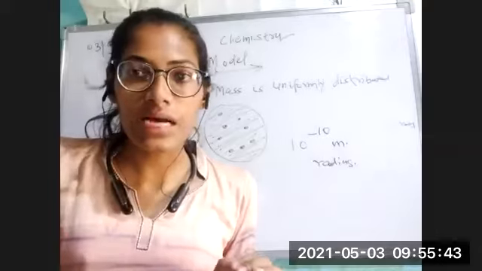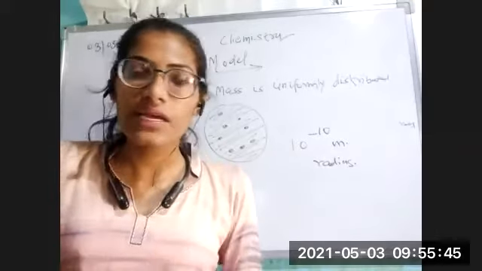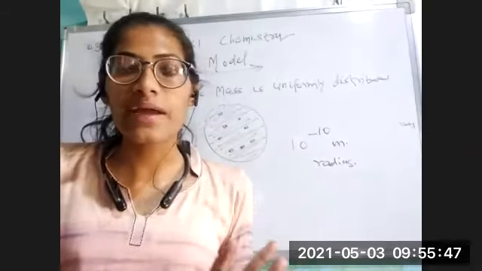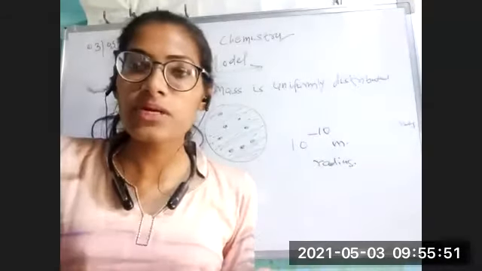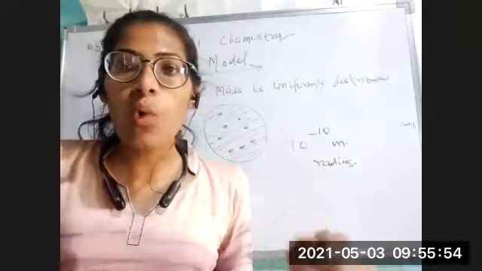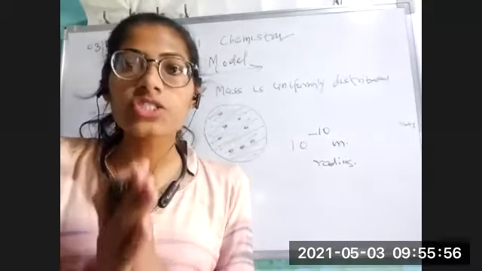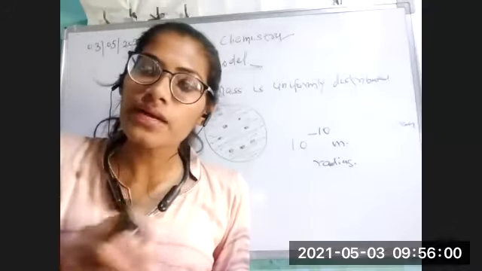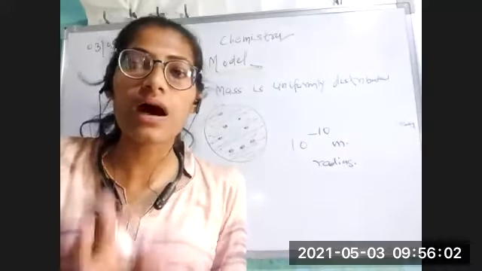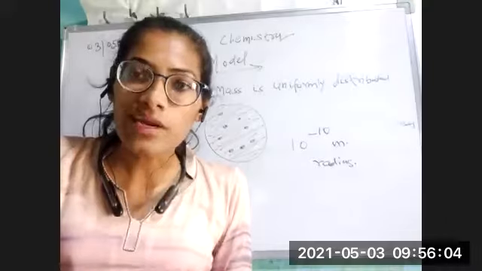I'm repeating this again. Our atom is spherical in shape with a very small radius of almost 10 raised to power minus 10 meter. Charge is uniformly distributed, and the whole atom is positively charged, but electrons are put somewhere into it just to maintain electrical neutrality.